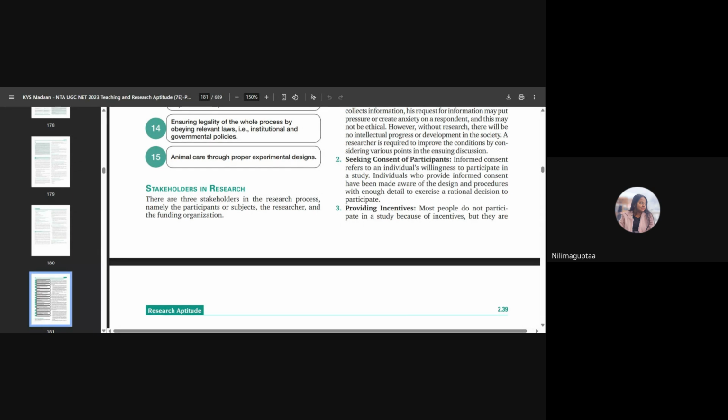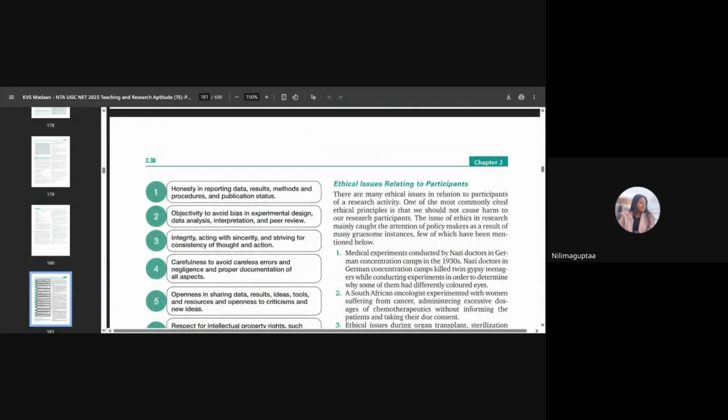There are three main stakeholders in this process, namely the participants or subjects, who give their willingness and on whom we conduct research, the researcher himself, and the funding organization. There are certain issues, with examples given relating to participants and funding organizations, that we will be seeing.